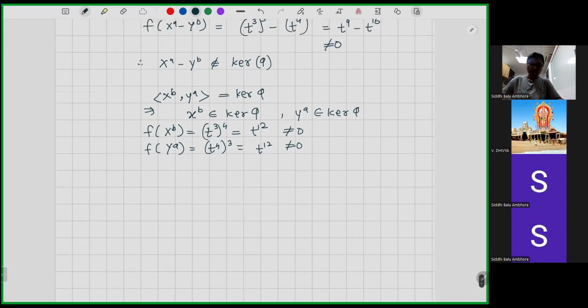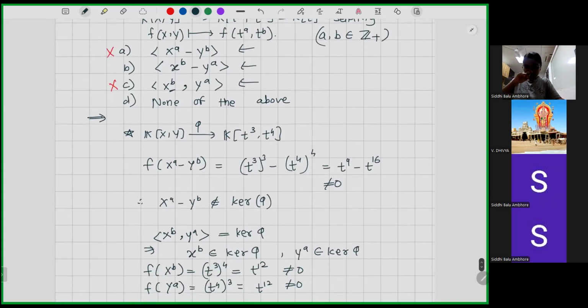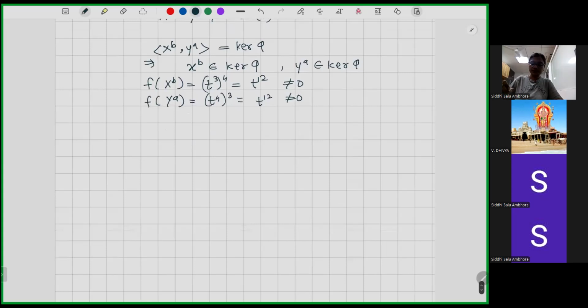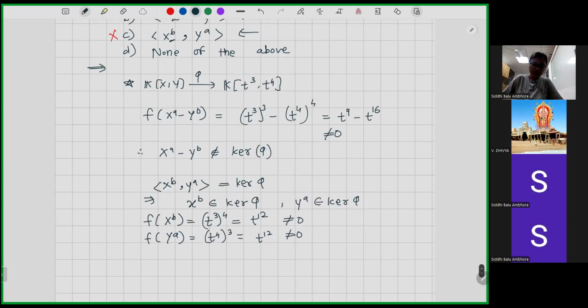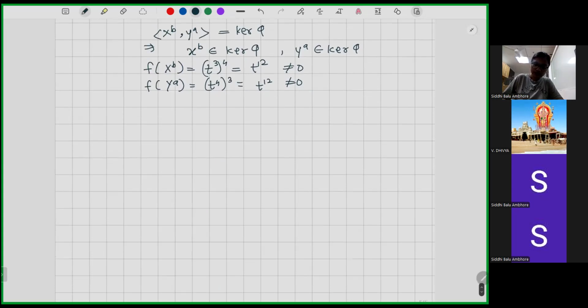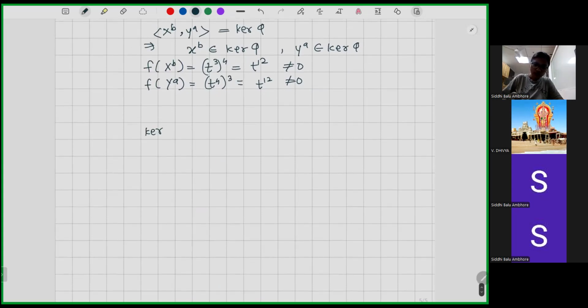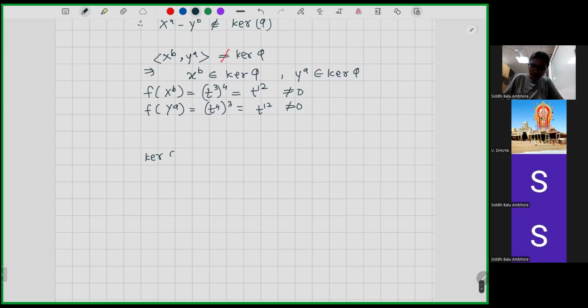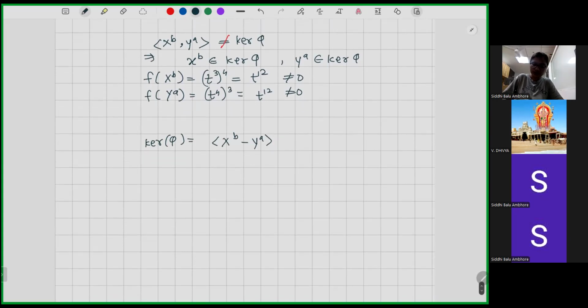So that's not happening, at least for the C part. Now let us check for the B part. It is the ideal generated by x^b, so this is not true. So what we are saying now is that the kernel is x^b minus y^a. And now let us check for this.